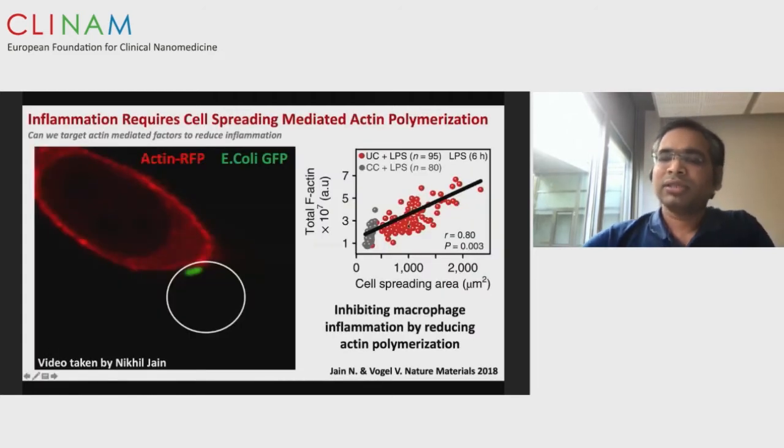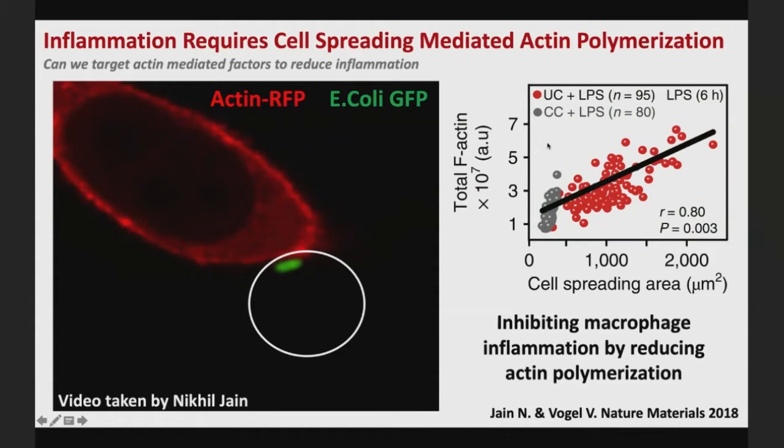We found that once these macrophages start to spread, they also start increasing the polymerized state of actin. As you can see in this plot, unconfined cells have higher levels of F-actin, and confined cells have lower levels of F-actin. What we now show very precisely is that this increase in actin polymerization is absolutely necessary for macrophage phagocytosis and also for inflammation.